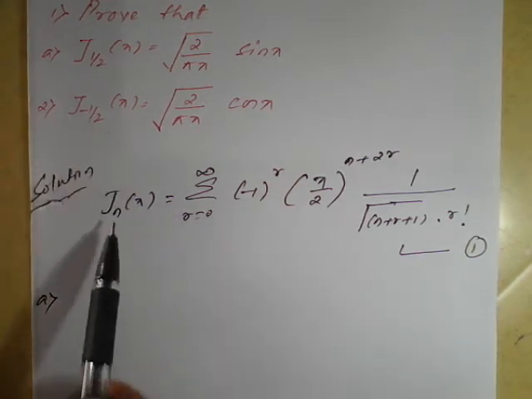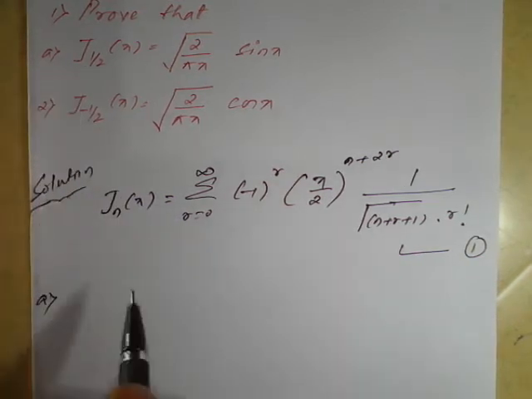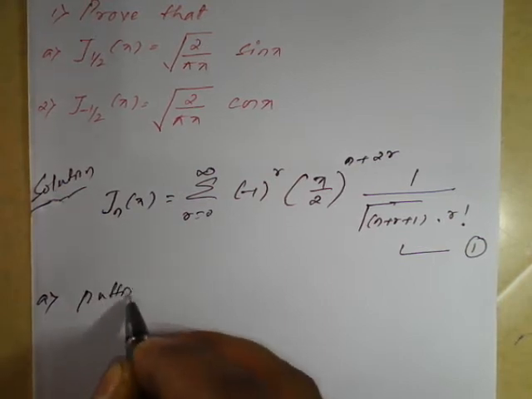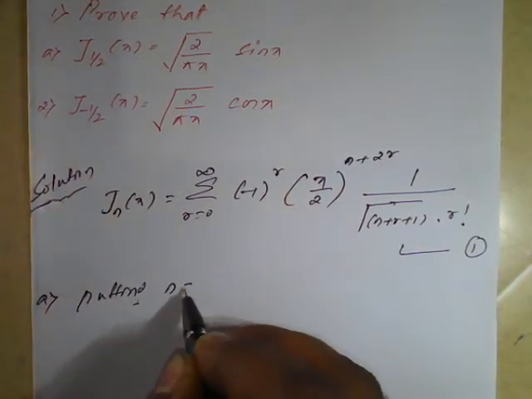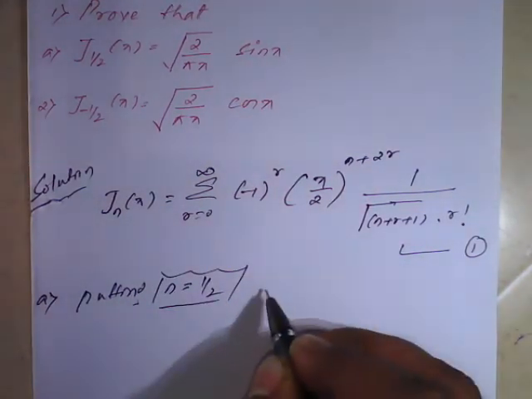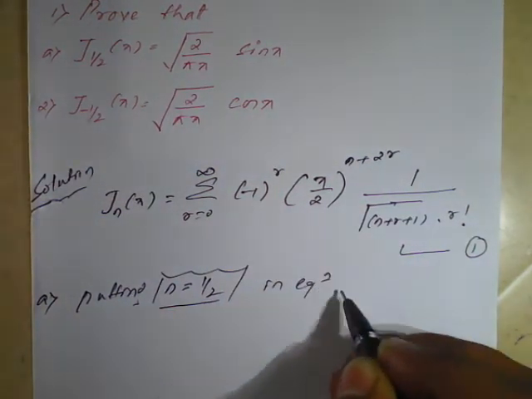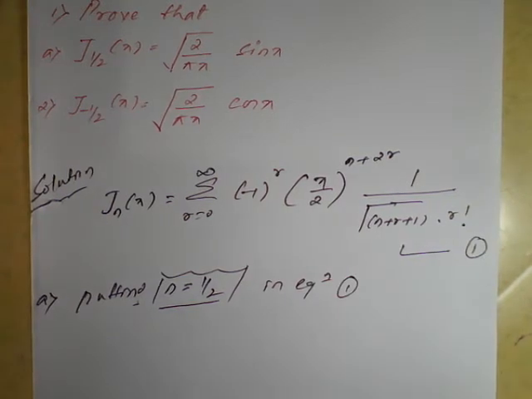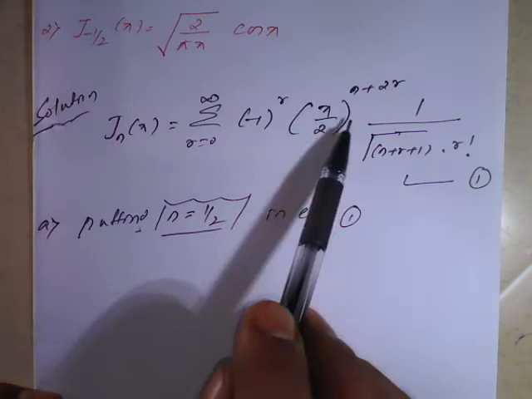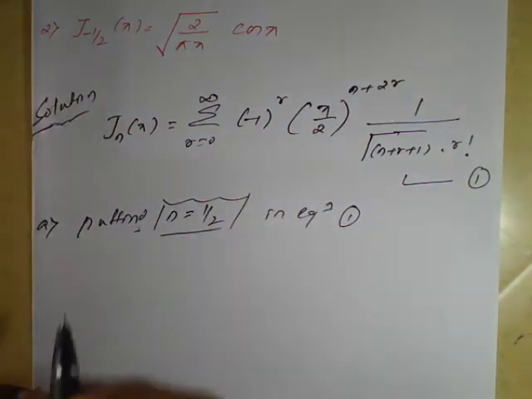So what I will do here is put n equal to 1 by 2 in equation 1. Once we apply n equal to 1 by 2 in equation 1, we'll see what will happen.